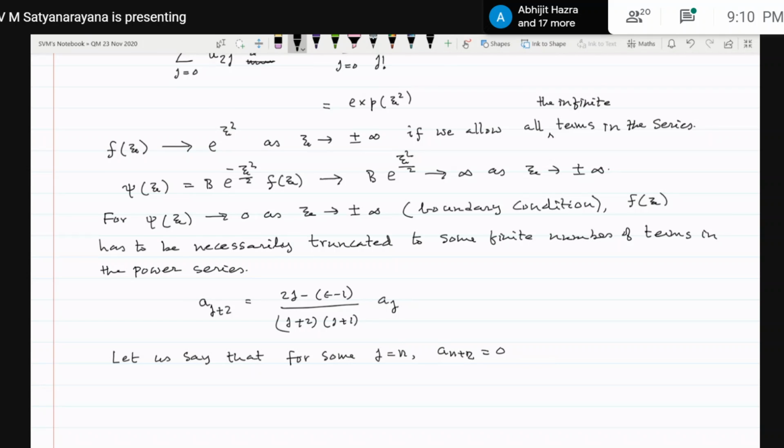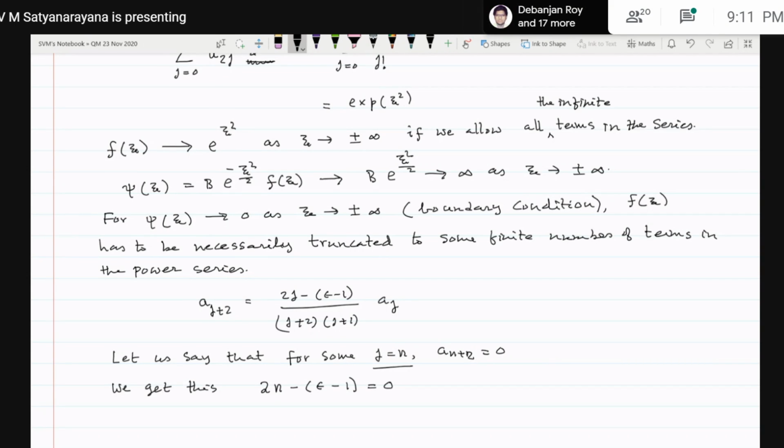That means after a_(n+2), everything is 0. How can we make this 0? We can make this 0 by making the numerator 0. So we get this by saying 2n minus epsilon minus 1 is equal to 0 for j equal to n.